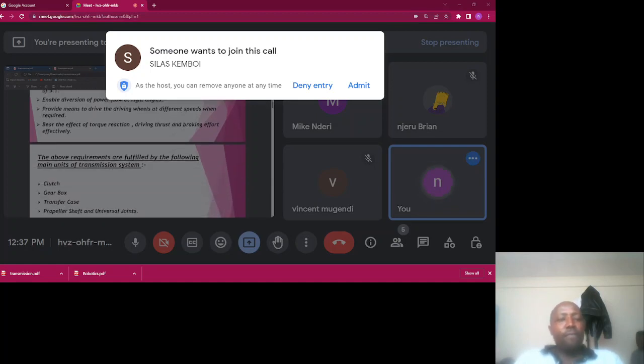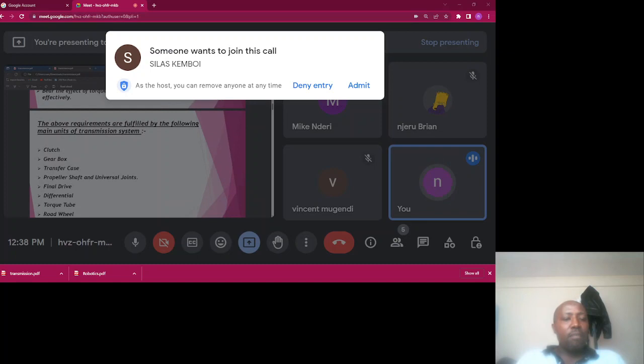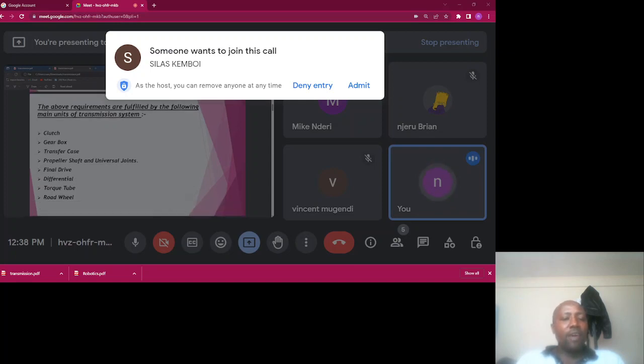The functions I have mentioned are fulfilled by the following main units of the transmission system. One, the clutch, whose function is to disengage and engage the motion produced by the engine. The main function of the gearbox is to provide a neutral position, provide a reverse, and increase the torque.